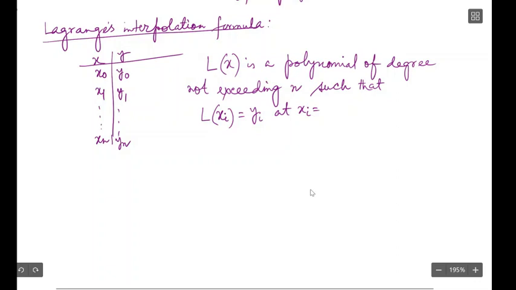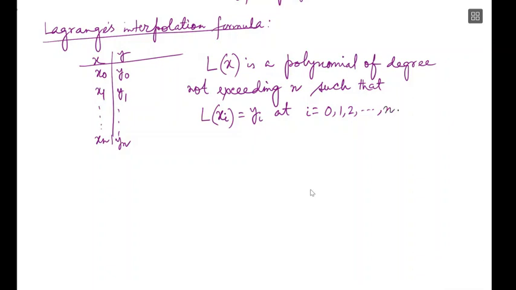That is, i equals 0, 1, 2 up to n. At these n plus 1 points, L(x) will coincide with the value of the function y; that is, y0, y1, ..., yn will be the values of the polynomial L(x) also at these points.